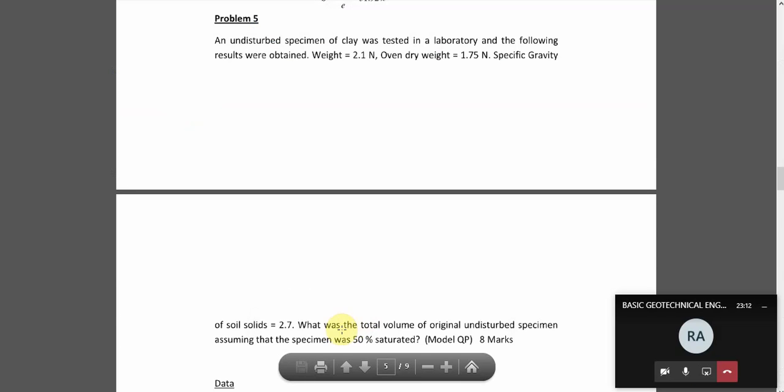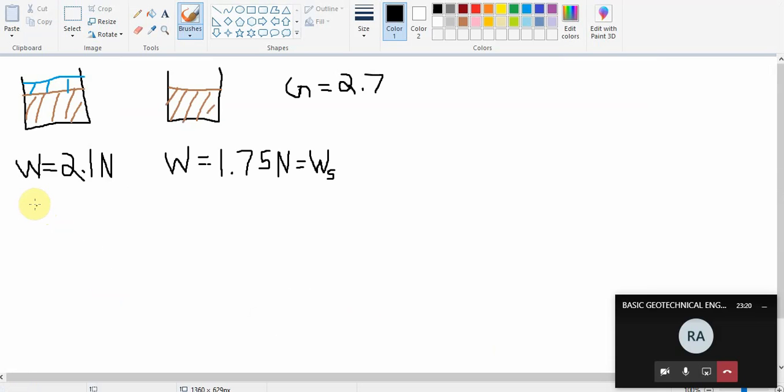Next. What was the total volume of the original undisturbed specimen, assuming the specimen was 50% saturated? So degree of saturation is 50%, so S is equal to 50%, that is 0.5.